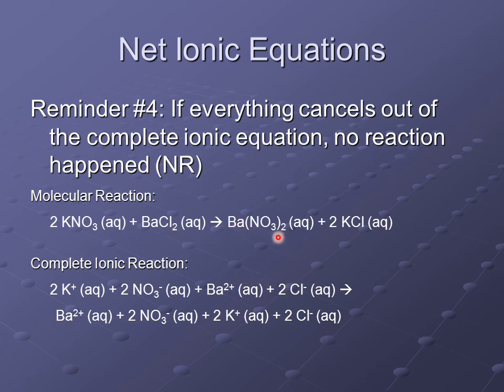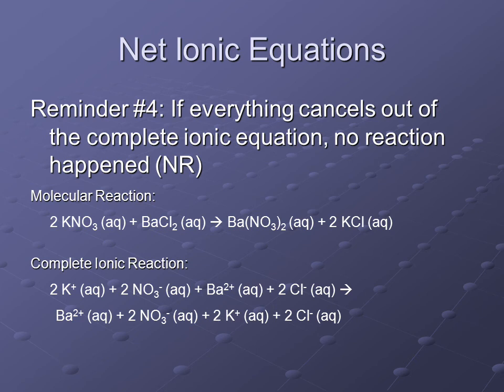The barium nitrate is soluble, again all nitrates are soluble, so that'll give us a barium ion and 2 nitrate ions. Notice the subscript 2 becomes a coefficient of 2 here, and each potassium chloride formula unit gives us a potassium ion and a chloride ion, and since we have 2 of these, we get twice as much of each.